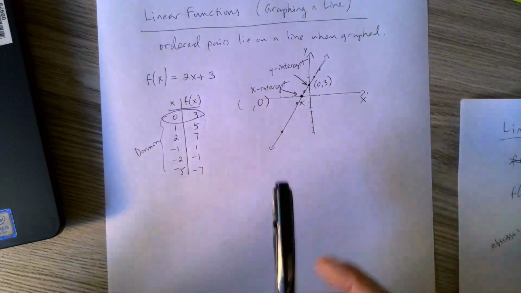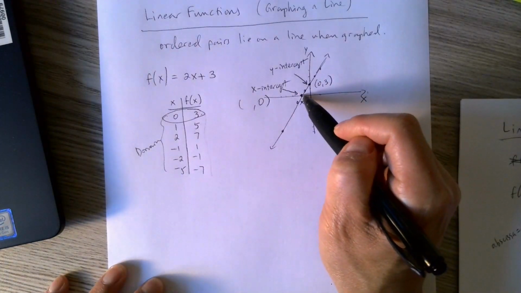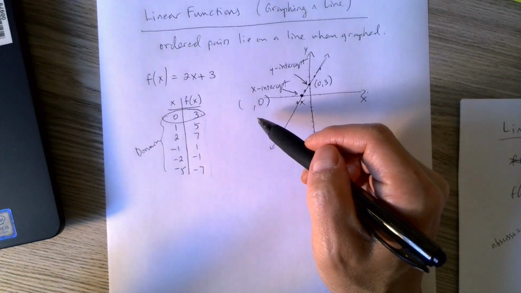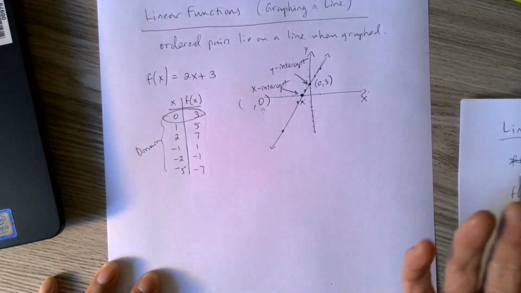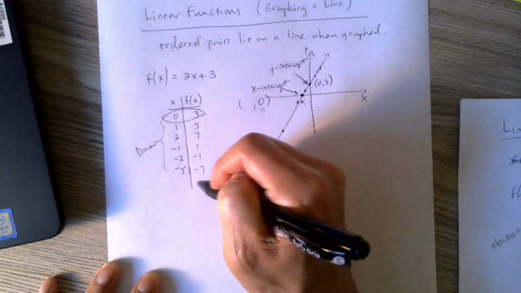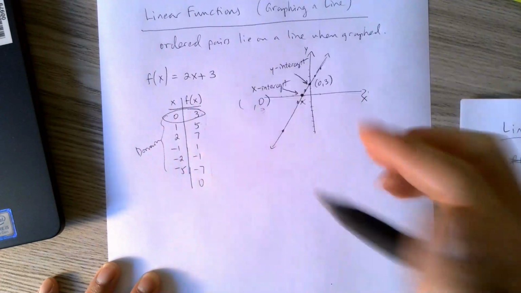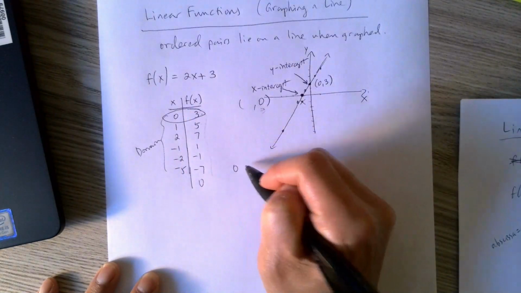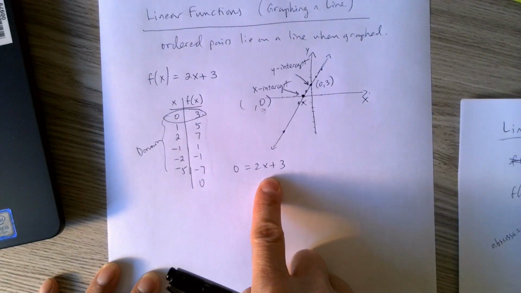So how do you think we're going to find the x-coordinate of this x-intercept? Well, since I already know the ordinate is 0, I'm going to plug 0 into f of x, and then solve this equation.